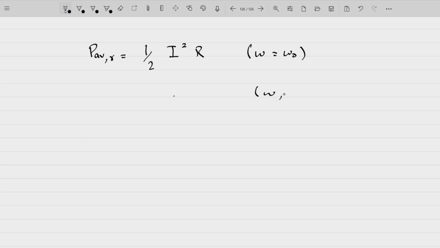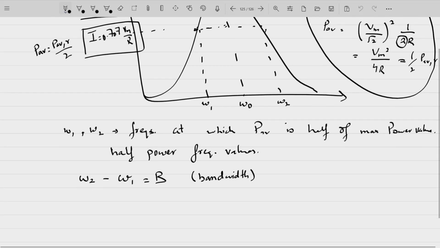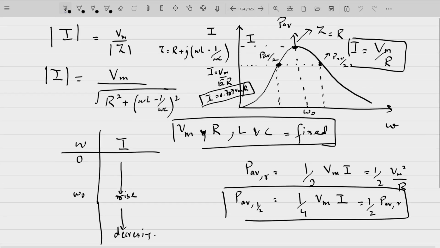For some other values of omega, which I am calling omega 1 and omega 2, the current is 0.707 Vm divided by R. When you substitute that value of current here, you will see that average power will be equal to half of the power obtained at the resonant frequency point. The difference between these two is known as the bandwidth.